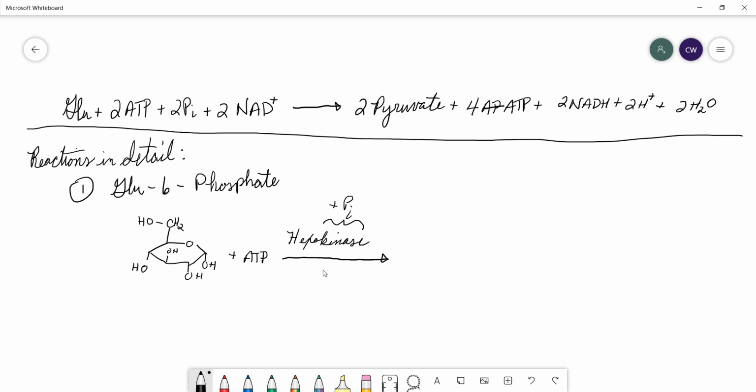And hexokinase requires magnesium ions to function. What we get out of this reaction is glucose 6-phosphate.